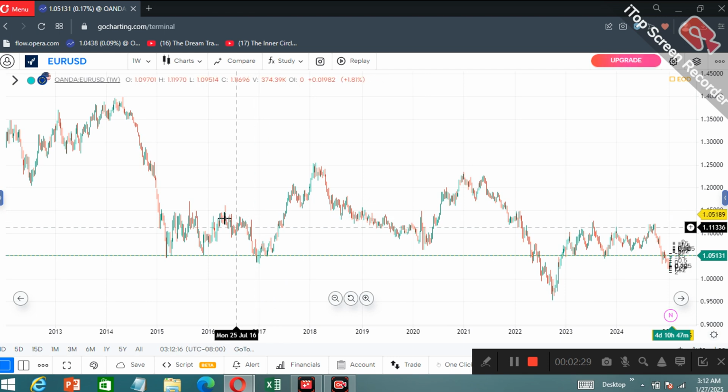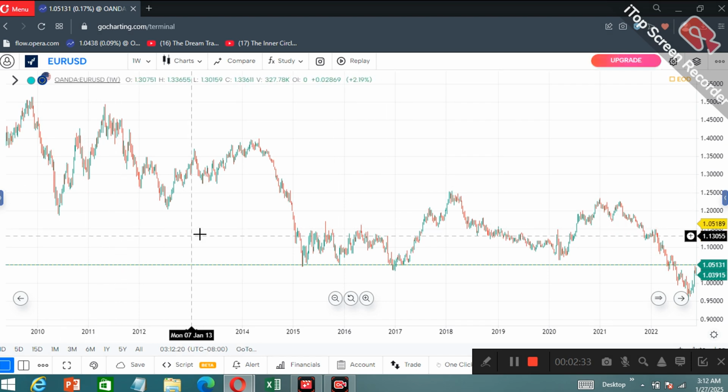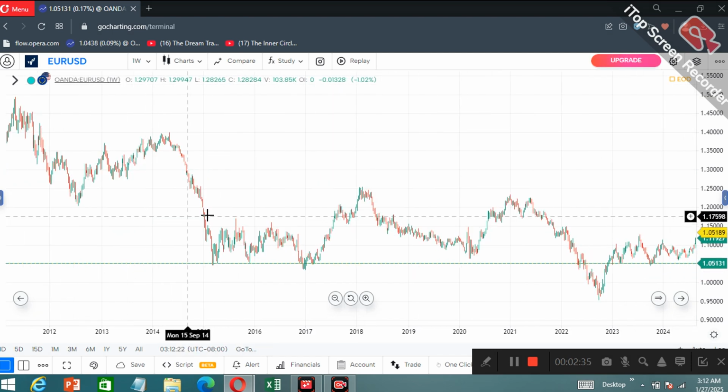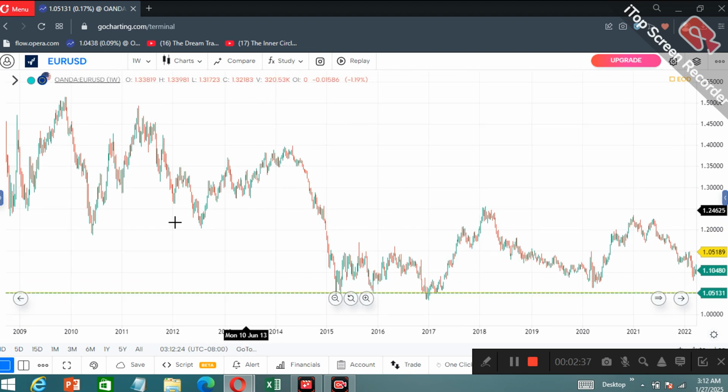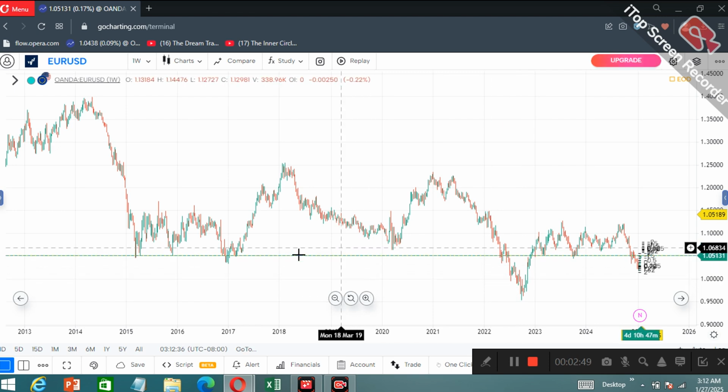Which trend is that? Okay, is that a downtrend? Yes, it is. Because when we see the break of structure to the downside, then again it goes down, then break of structure into the downside.